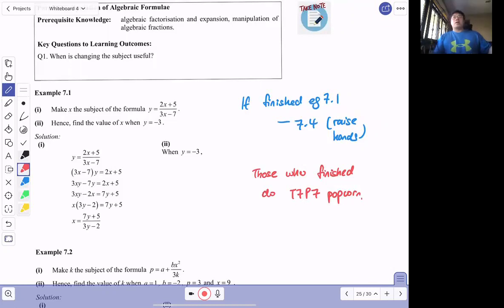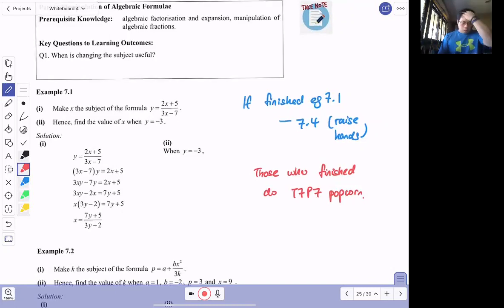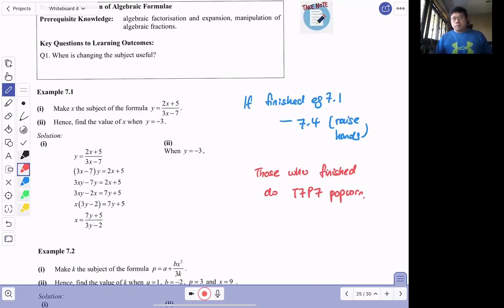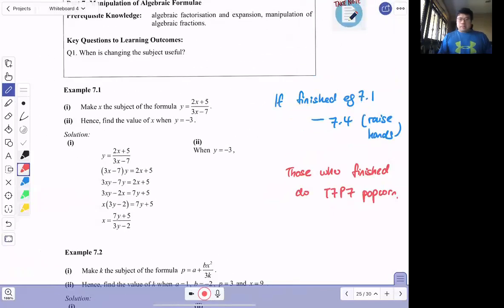It's inside your WhatsApp chat. If you are fast and you are waiting for me, don't worry. Just go ahead, do your practice set or your assignment. The more you do now, the less time you have to do over the holidays.